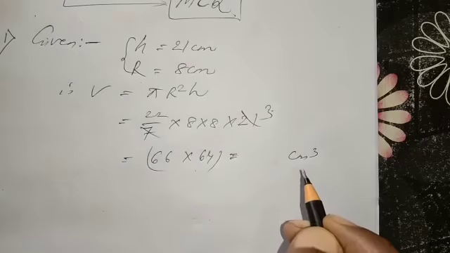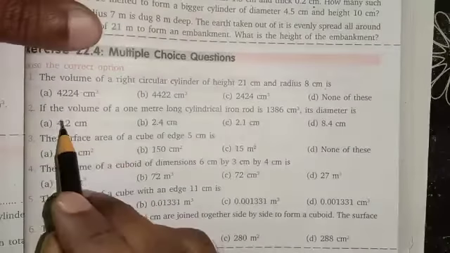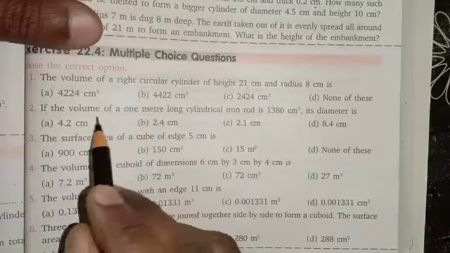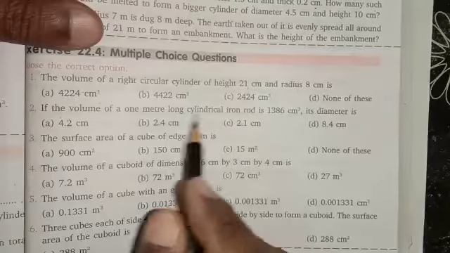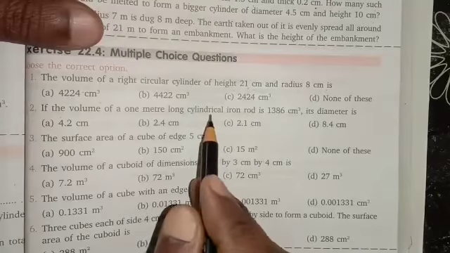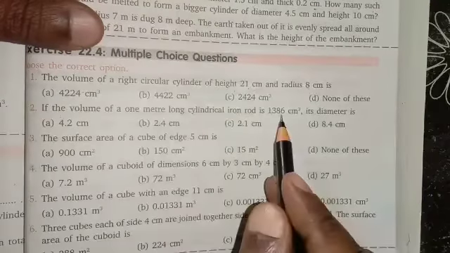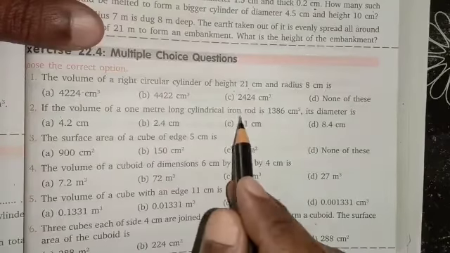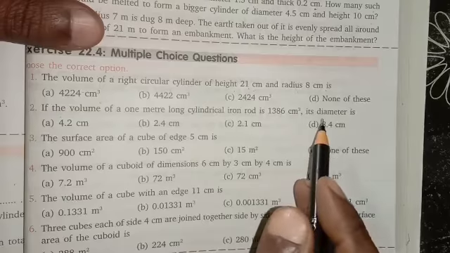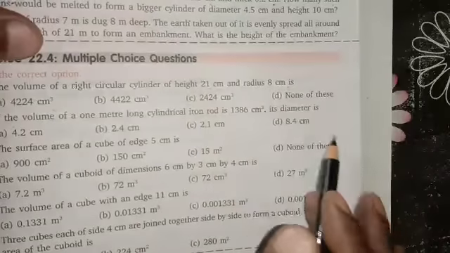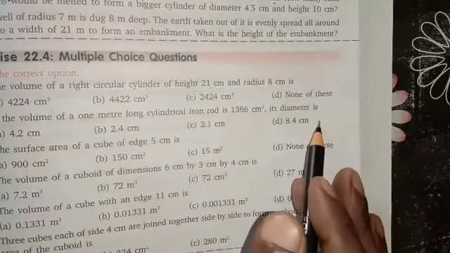See question number 2. Given the volume of a 1 meter long cylindrical iron rod. The length given will be equivalent to height. The volume of the 1 meter long cylindrical iron rod is 1386 centimeter cube. You have to find its diameter. Just see how to solve.